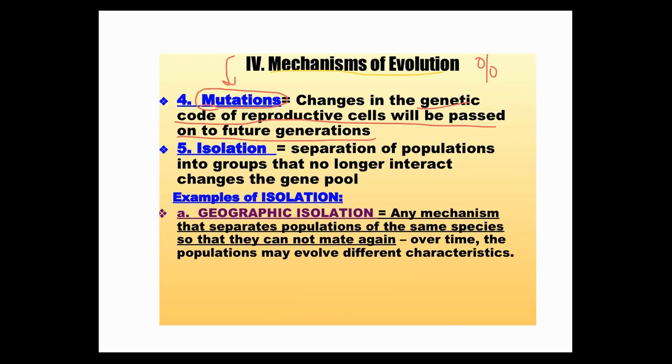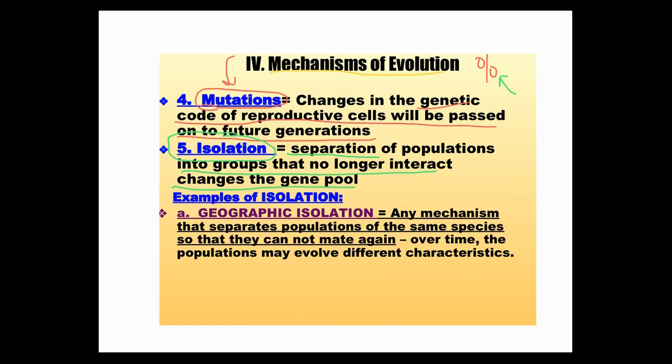Another thing that can change the percentage or frequency of alleles in a population, which causes evolution, is isolation. Isolation is where you have a population and they get separated from each other for whatever reason into separate groups that no longer interact. Therefore, they are no longer part of the same gene pool because their genes are no longer mixing.